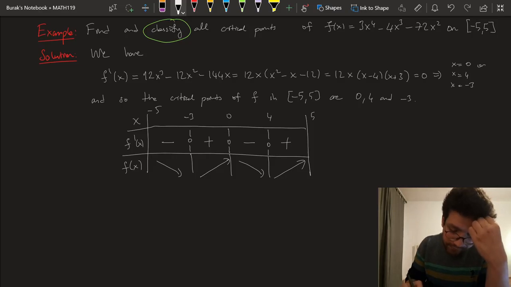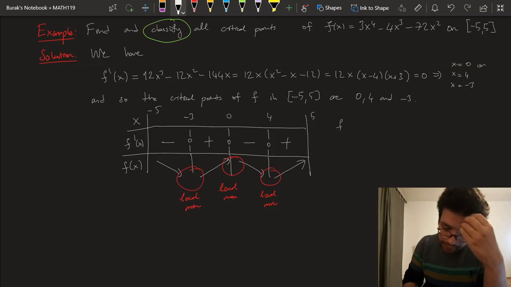So by the first derivative test, at this point, I do see a local minimum. And over here, I do see another local minimum because the derivative is negative and positive here, negative and positive here. And at this point, I have a local maximum, okay?